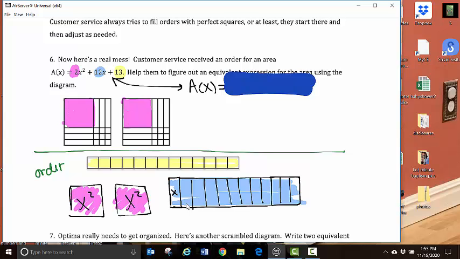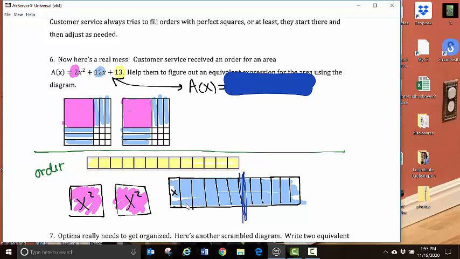And then I have 12 x's, right? But I want to break it into two quilts. So if I did 6 for one and 6 for the other, that would help. So let's see, I could do 1, 2, 3, 4, 5, 6. 1, 2, 3, 4, 5, 6. And then how many yellow pieces do I have?